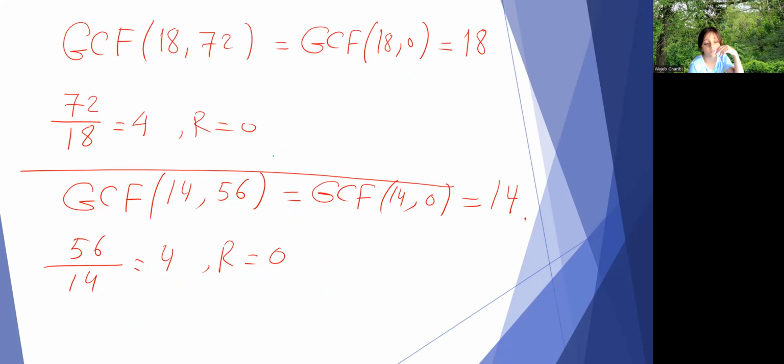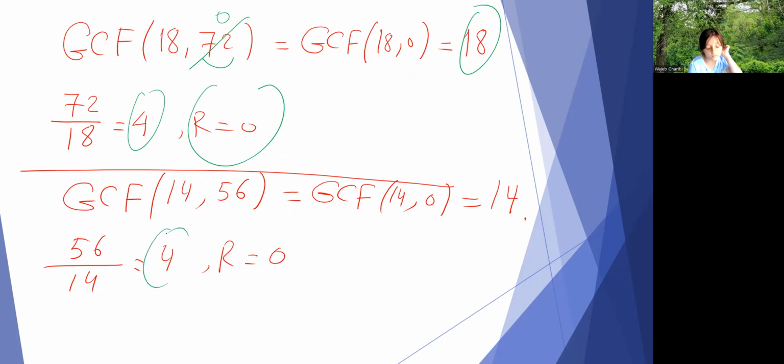One more example. The greatest common factor of 18 and 72. We divide 72 by 18. The result is 4, so the remainder is 0. So instead of 72, we put 0. So here the greatest common factor of 18 and 0 is 18. What is the greatest common factor of 14 and 56? We divide 56 by 14.